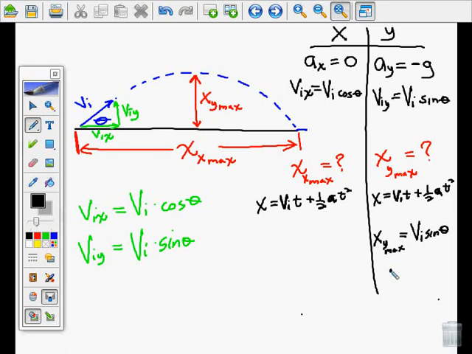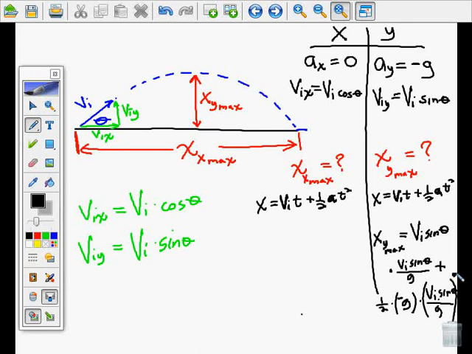And that time up turned out to be equal to, what was that time up? vi sine theta over g, plus 1/2 times negative g times that time up, vi sine theta over g, quantity squared.